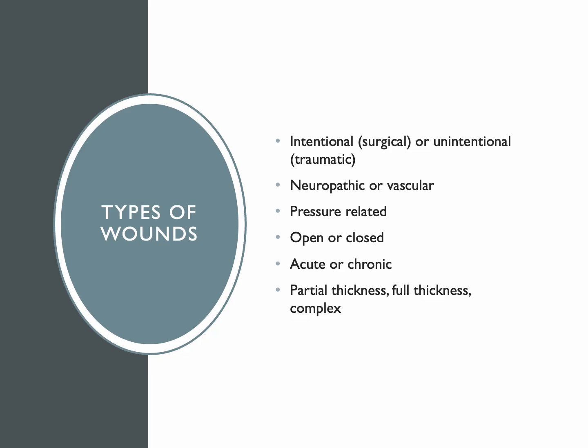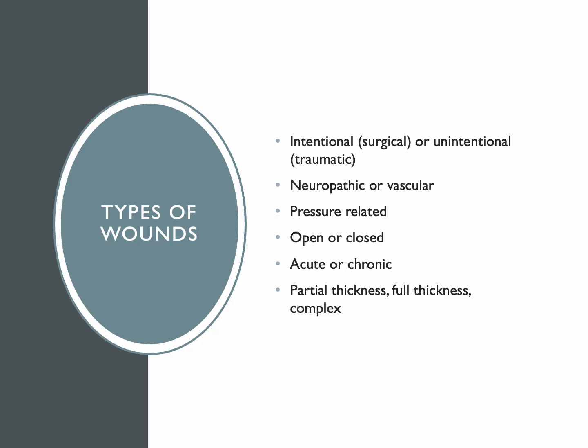An unintentional wound is something like a knife, well, I guess a traumatic wound. It may have been intentional by someone who had bad intentions, but we think of things like knife wounds, or if you're in a car accident and you have a wound from that. Those are unintentional wounds.